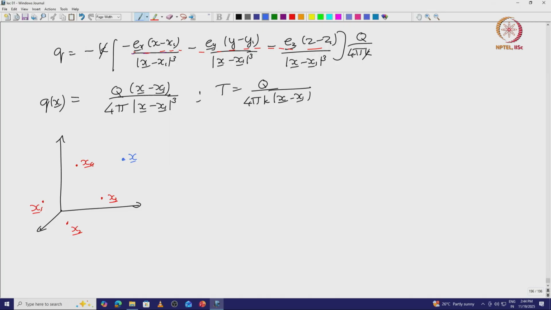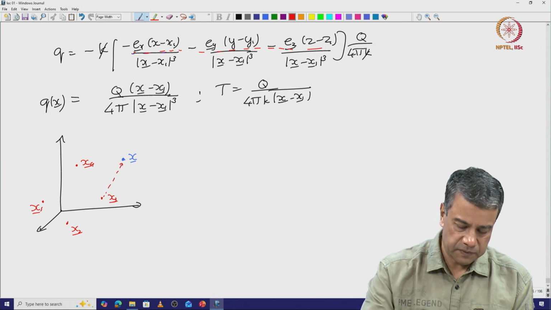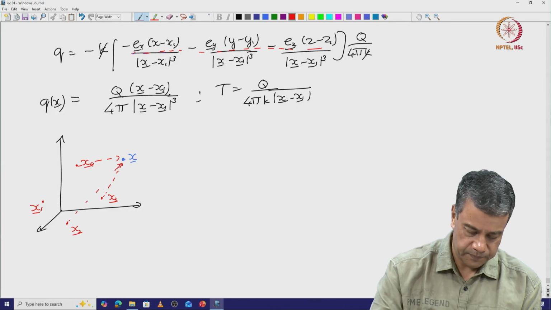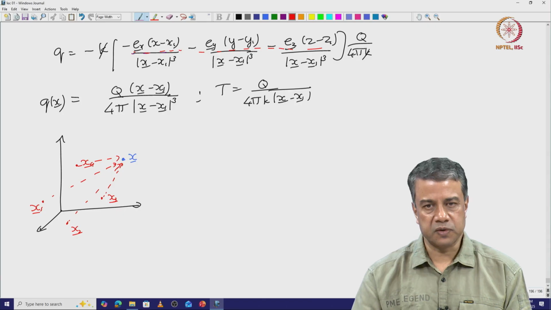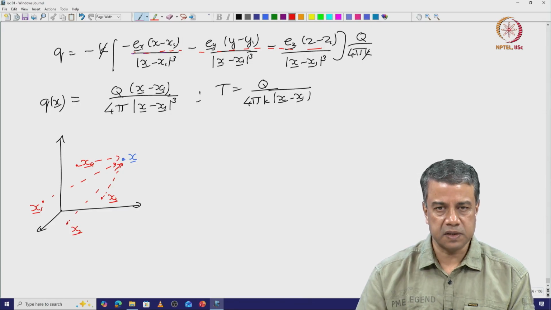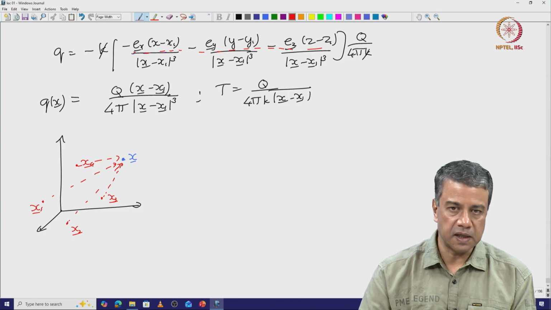Then the temperature at this observation point is the sum of the temperature fields due to each of these sources. We can do that by superposition because each one is a delta function. So, I can divide the temperature field into multiple parts, each part due to one particular point source, and then add them all up.